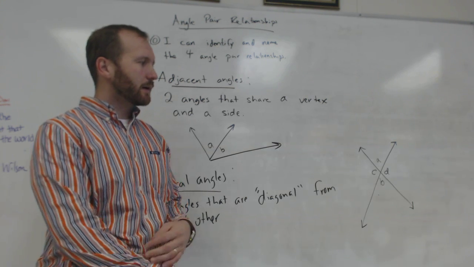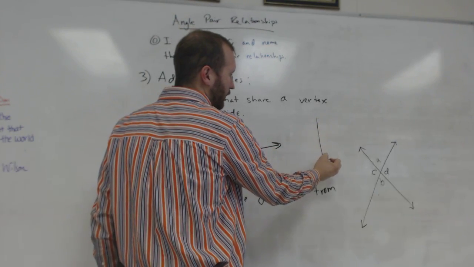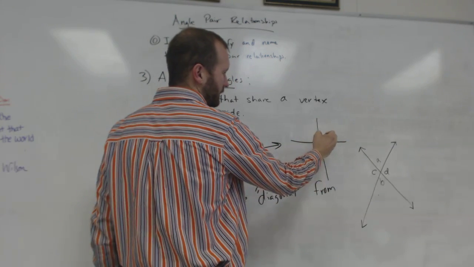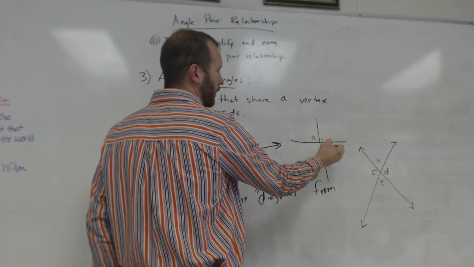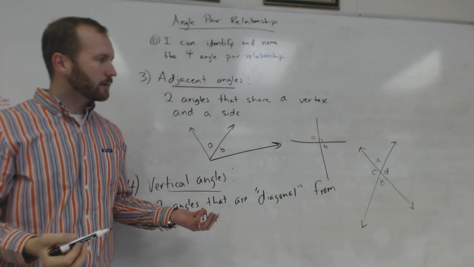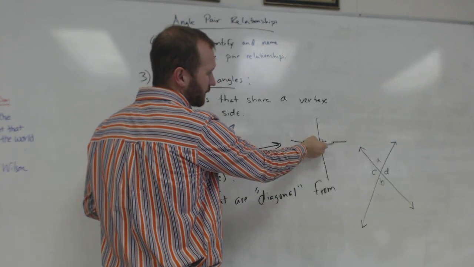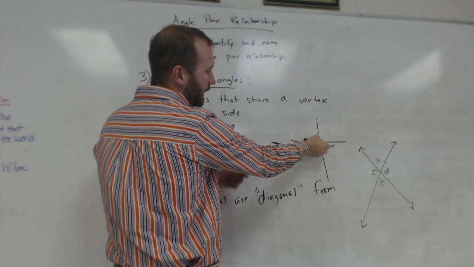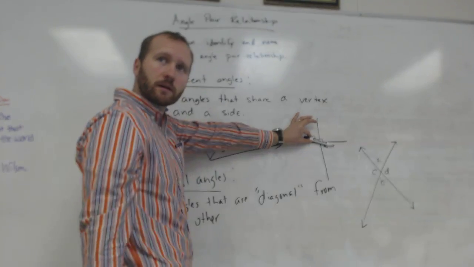I like the way you thought of it. Another way that I kind of think about it is if we started with a perfect plus sign, right? So these are all 90 degrees. Then I know A and B would both have to be 90, right? And as I adjust this middle line, if I move it this way, A is going to get smaller by the same amount that B is going to get smaller.